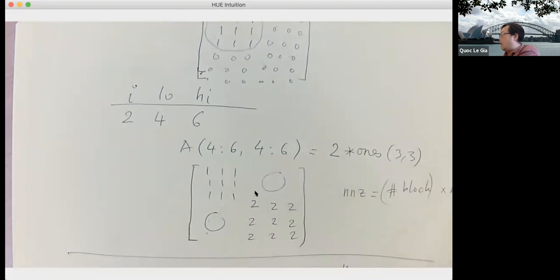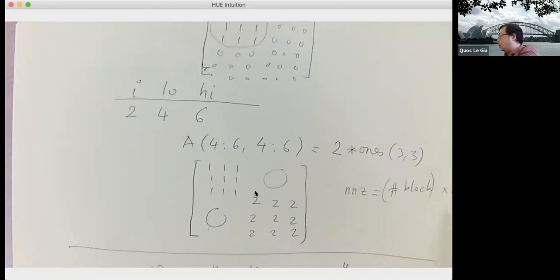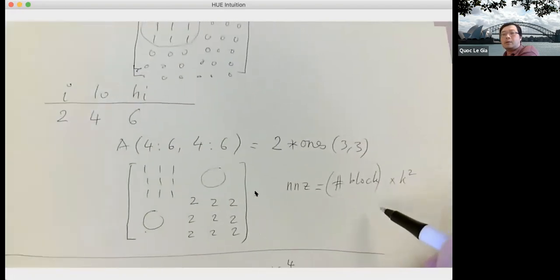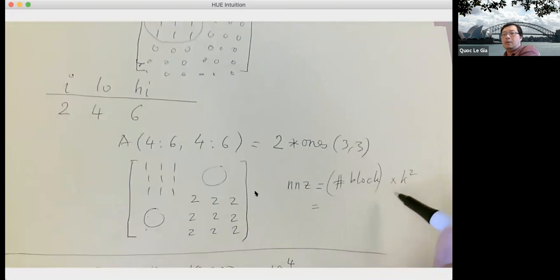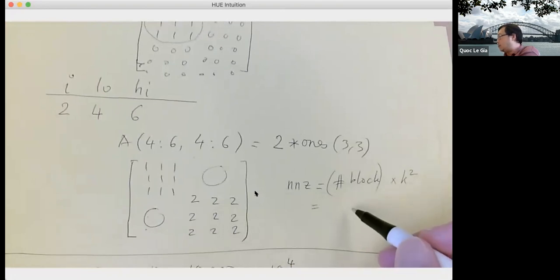Now in terms of m and n, what is the number of blocks? How do you get 2 blocks here?